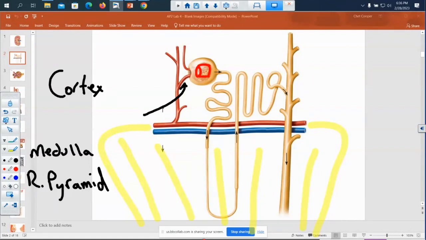When you were in A&P1 and you studied the nervous system, sensory information in was also called afferent. I say afferent so you cannot miss that it starts with the A. That's why I pronounce it like that. So this little red vessel right there is called the afferent arteriole.